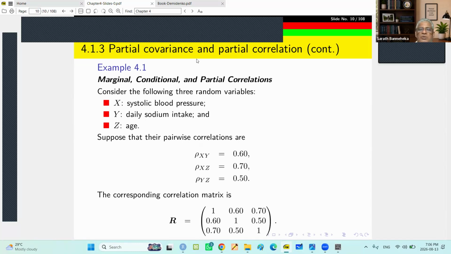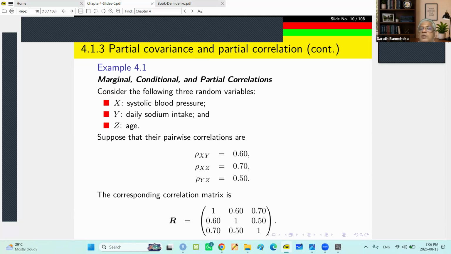So now to get some idea about these things better, let's look at some examples. The first example I'm going to consider has three random variables. Say X is the systolic blood pressure, Y is daily sodium intake, and Z is age. Suppose we know that the pairwise correlations are given by these numbers.